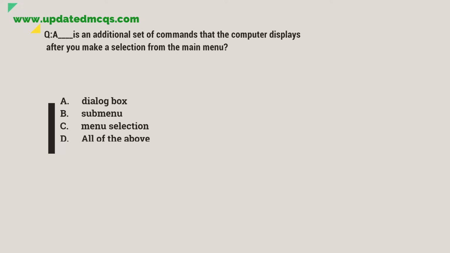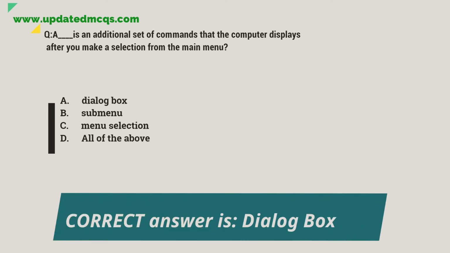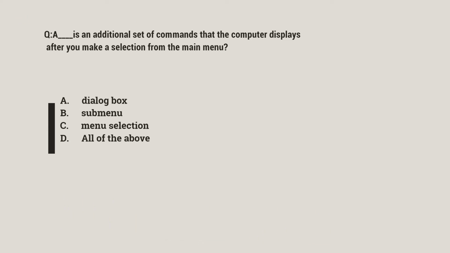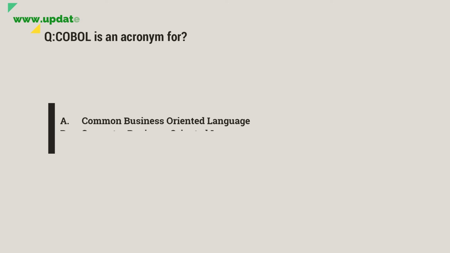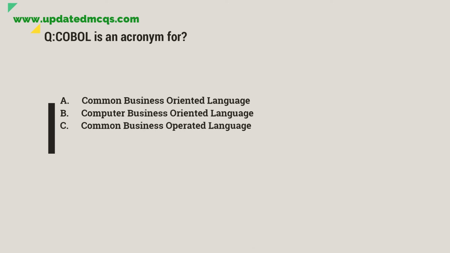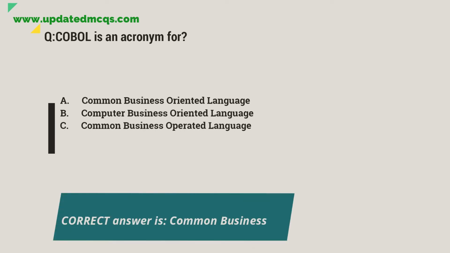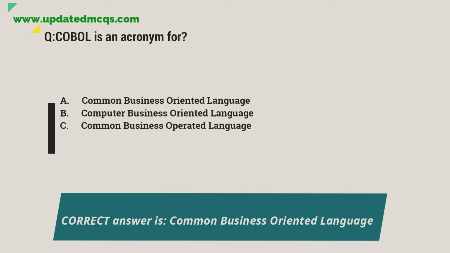A dash is an additional set of commands that the computer displays after you make a selection from the main menu. Dialog box. COBOL is an acronym for Common Business Oriented Language.